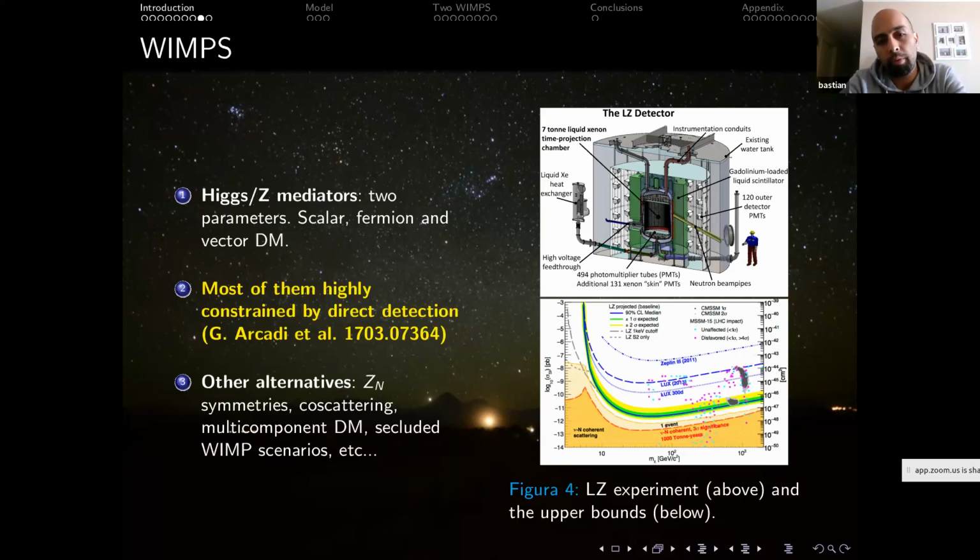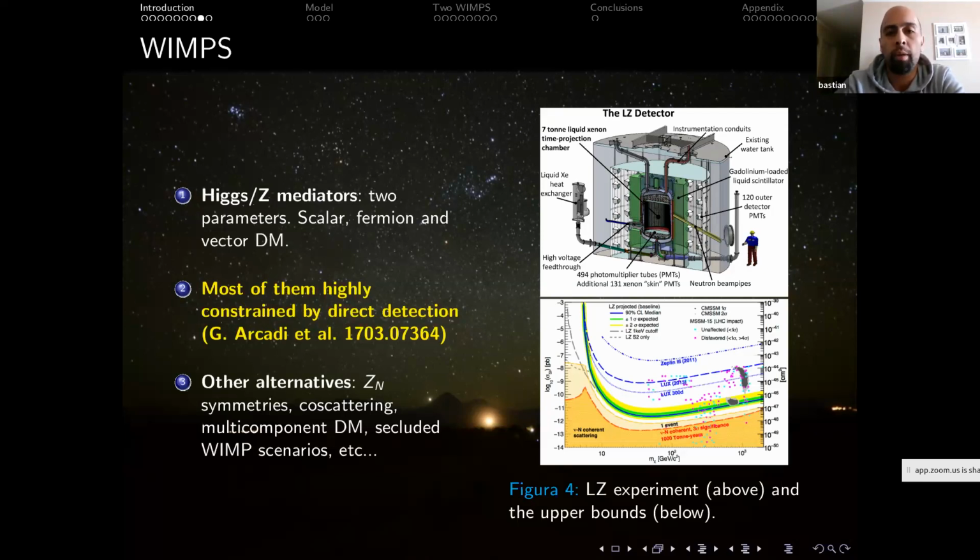However, those types of scenarios are highly constrained nowadays by what is called direct detection. You can see, for instance, this famous paper, called the Waning of the WIMP, which is a review of different scenarios having WIMPs.